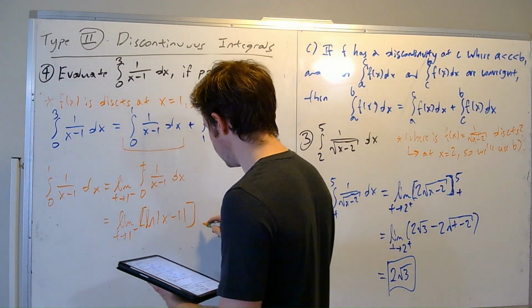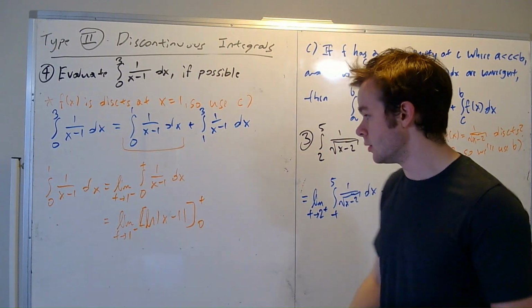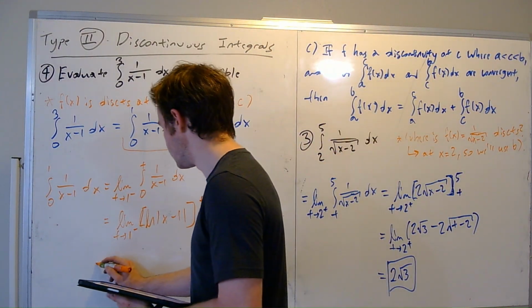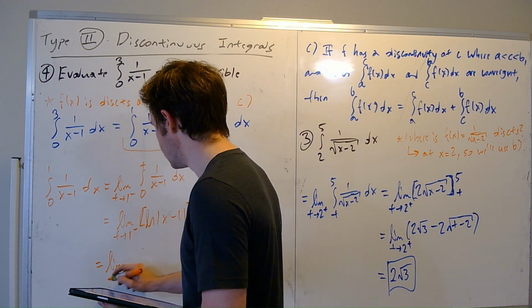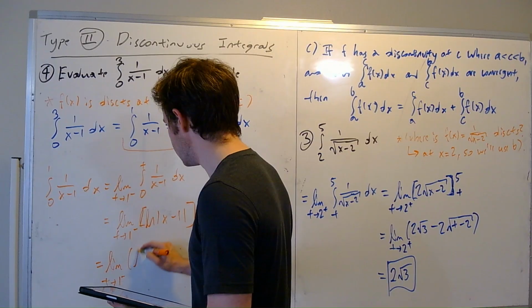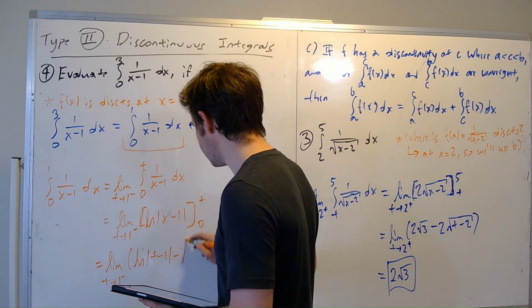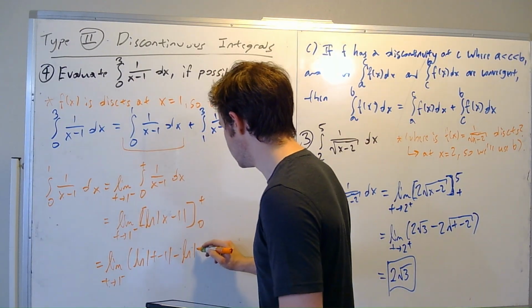This is evaluated from 0 to t, and then you just plug in your numbers, right? So you plug in t and you plug in 0. You're going to get the limit as t goes to 1 from the left of the natural log of the absolute value of t minus 1 minus the natural log of the absolute value of negative 1.